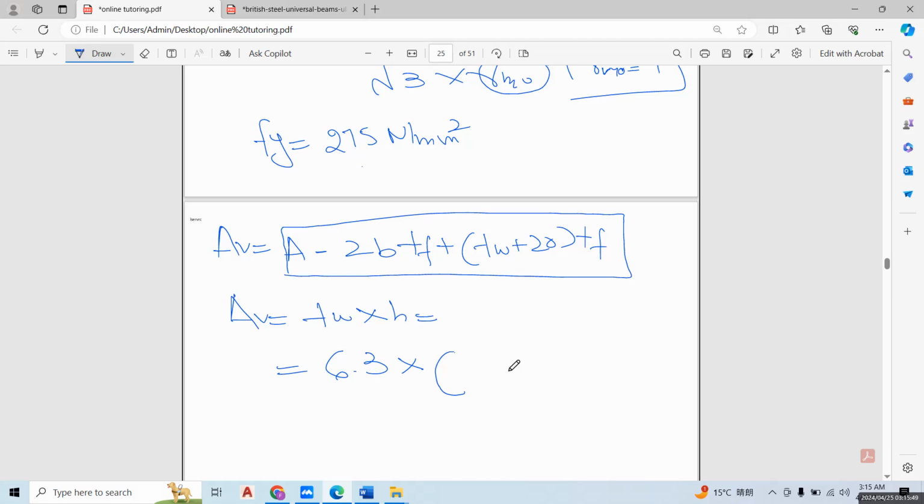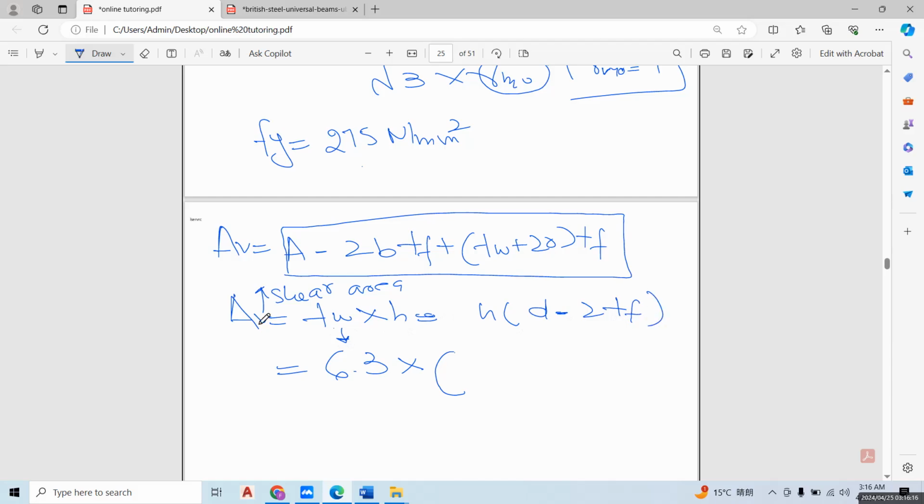So again, coming to our topic, what are we finding? AV is called shear area. The formula of the shear area is equal to thickness of web multiplied by height. So you have the thickness, but you don't have the height. Height is actually total depth minus 2 times thickness of flange.